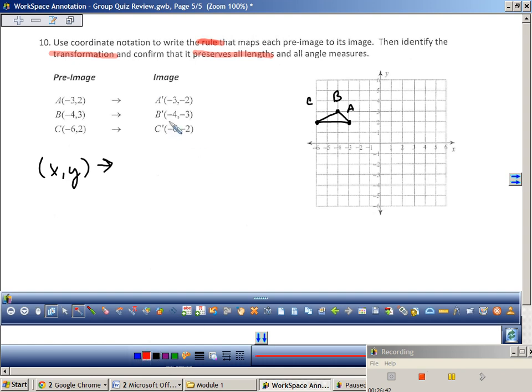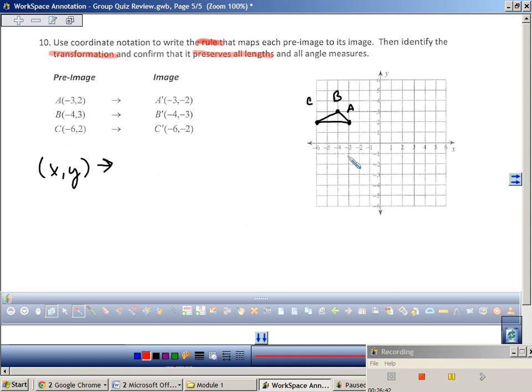Red. Blue? I like blue too. Let's do red. A prime, negative 3, negative 2. B prime, negative 4, negative 3. And C prime is negative 6, negative 2.